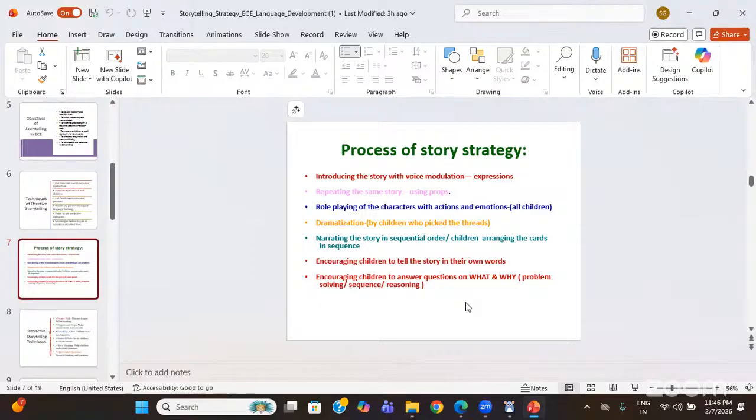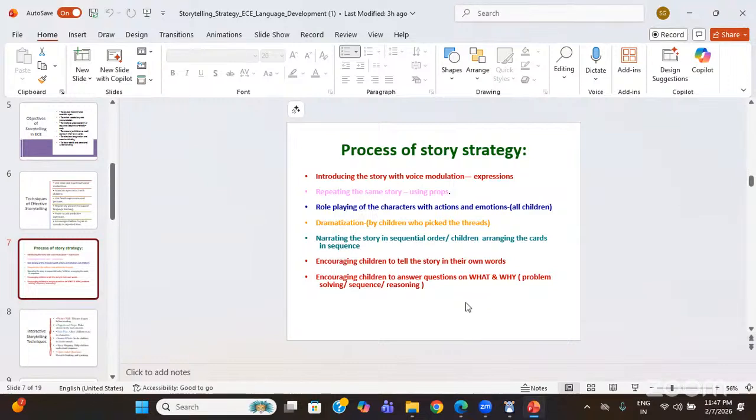So this is how you lay a seed for personality development, for life skills, for language development, for a good habit formation, and for good listening skills. Everything, all these strategies beautifully mold the child, nurture the child for formal school learning.